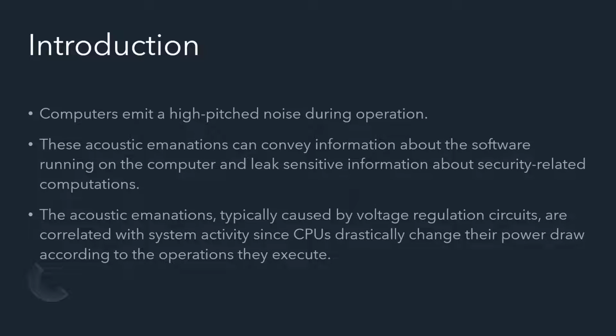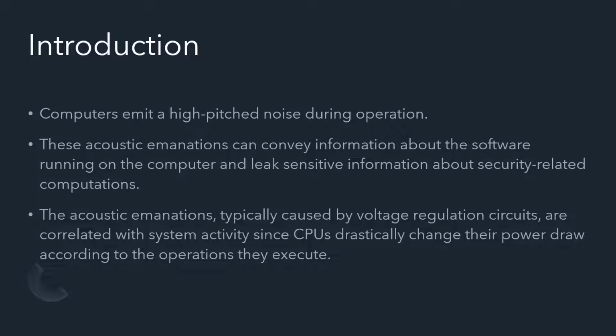This implies that when that sound changes, maybe there are different changes in the application which is running. The acoustic emanations, if we go to the last paragraph, typically are caused by voltage regulation circuits and are correlated with the system activity. Hence, the CPU change in power will affect the noise being produced.